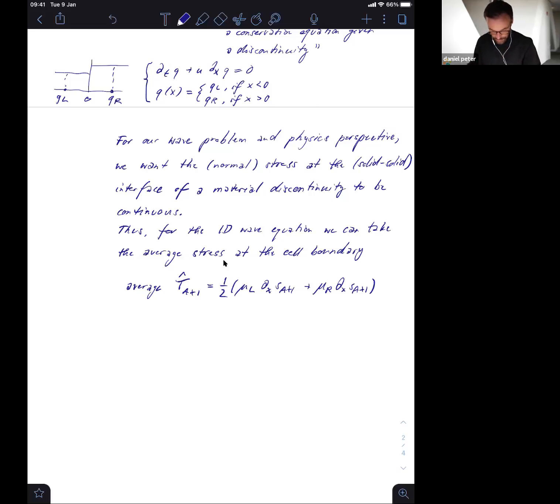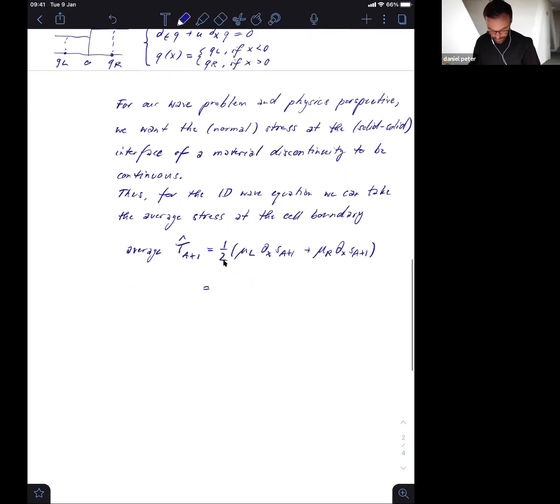Now we can rearrange these terms a little bit, because typically what we would just have is our stress evaluation from our reference cell, which in this case would be the left-hand side cell, U_L. This would be the stress as we computed it without the jump.